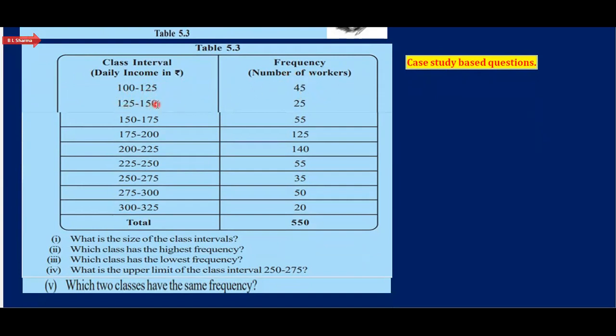125 rupees to less than 150, that is 225 workers. 150 to less than 175 rupees, that is 55 workers.